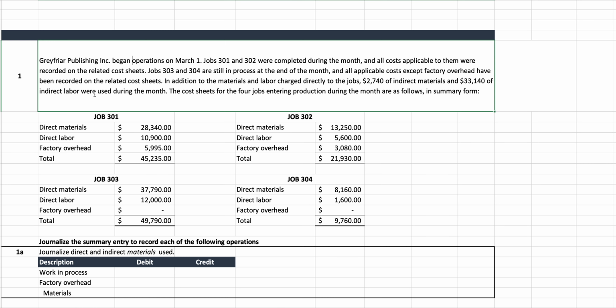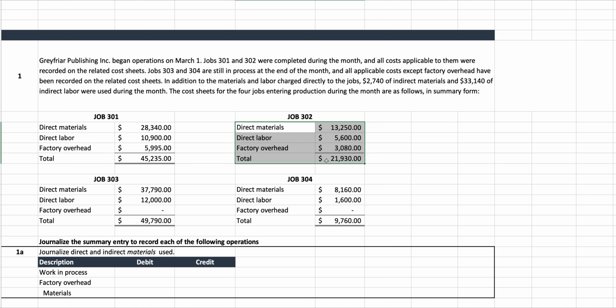With our first problem set, Greyfriar Publishing Incorporated began operations on March 1st. Jobs 301 and 302 were completed during the month, and we can see the costs of jobs 301 and 302 listed below. Jobs 303 and 304 are still in process.